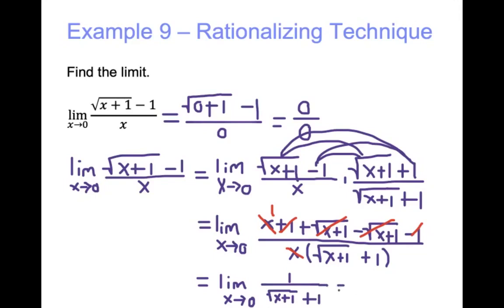And then we can use direct substitution, and we end up with 1 over the square root of 0 plus 1 plus 1, which equals 1/2.